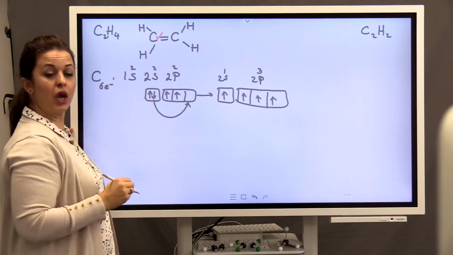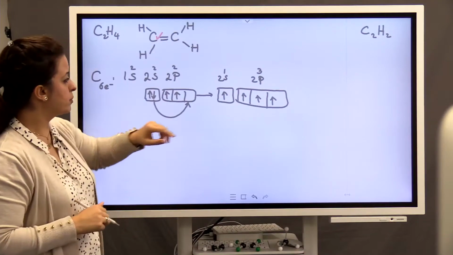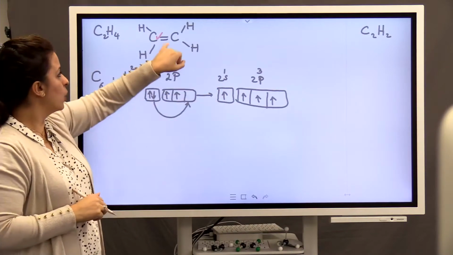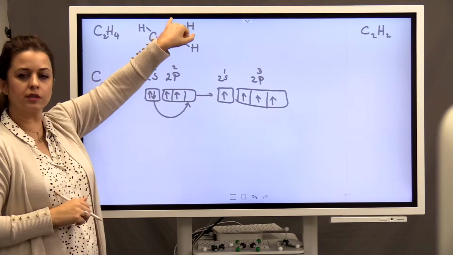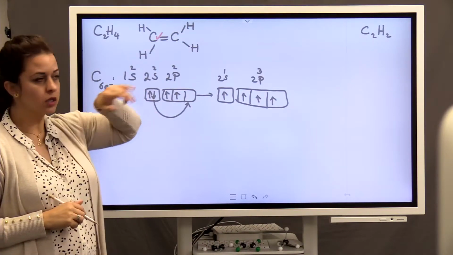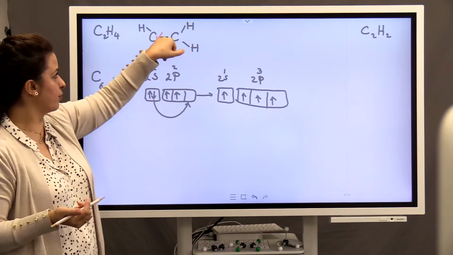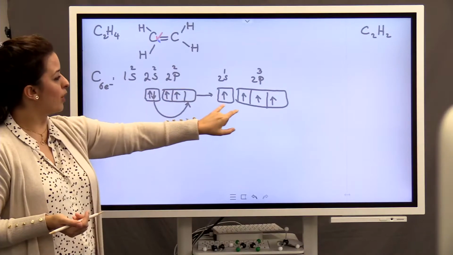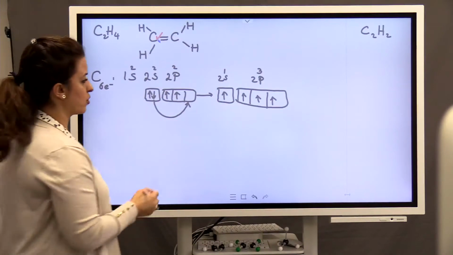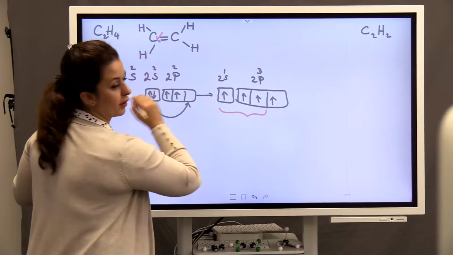That's what's happening on every carbon, okay? Excuse me. Now, we said we don't consider the double bond, right? So how many bonds do we have besides the double bond? 3 single bonds, right? So we need only 3 of these electrons. We only need 3 electrons here.